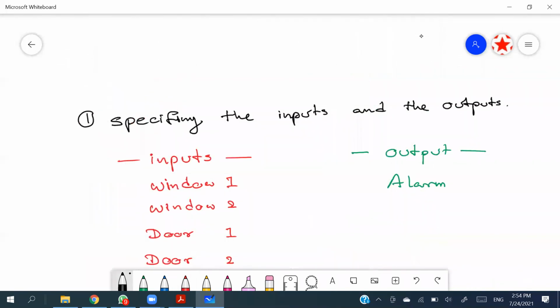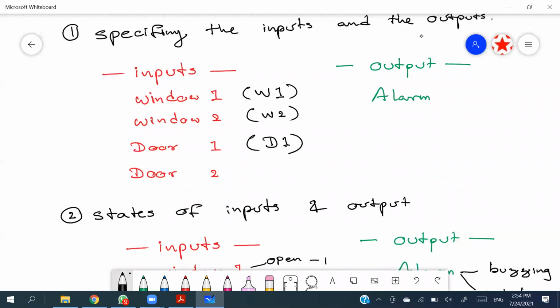So I'll take window 1 as W1, window 2 as W2, door 1 as D1, and door 2 as D2. And I'll take alarm as A. Right?